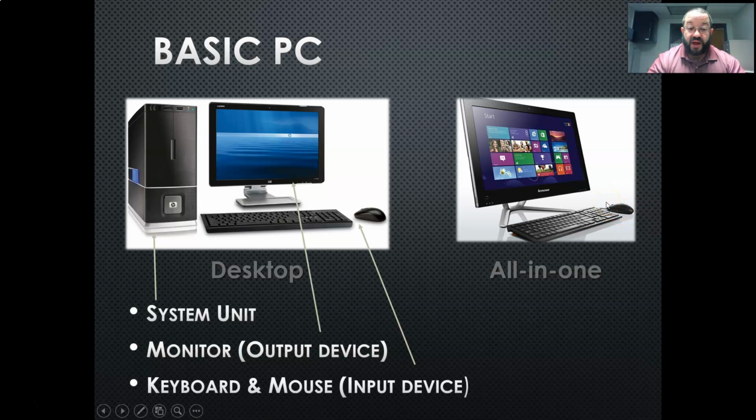So with that in mind, the monitor acts as an output device because information is coming out of the computer to the monitor, which is giving us visual information about what's going on in the computer, or at least what we can see of what's going on in the computer, right? Now, the keyboard and the mouse, is information coming out of the computer into those? Not really, right?